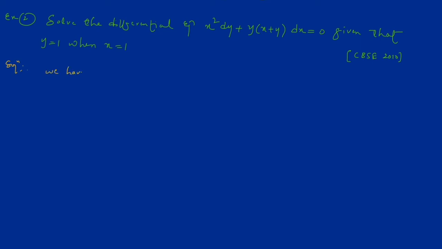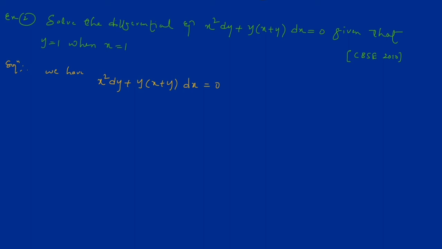We have x square dy plus y (x plus y) dx, which is equal to 0.